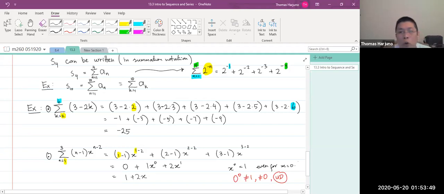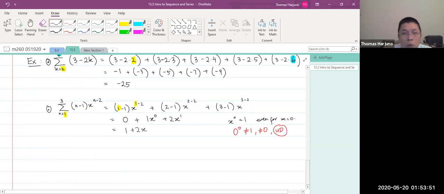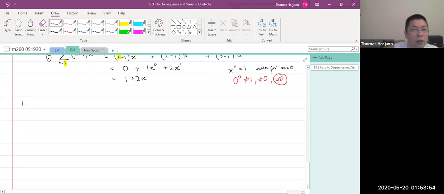Now, how do we go backward instead? Suppose on the other hand, I give you a sequence. Let's say 5 plus 5 squared plus 5 cubed all the way to 5 to the 10. How do we write this in sigma notation?